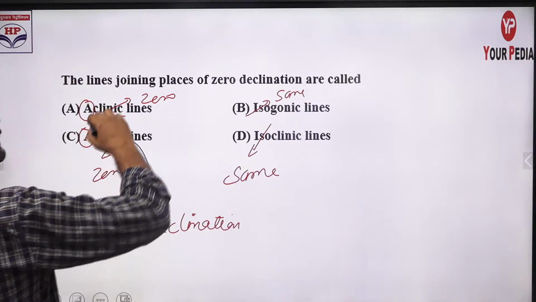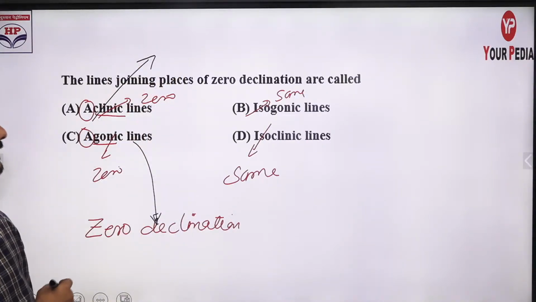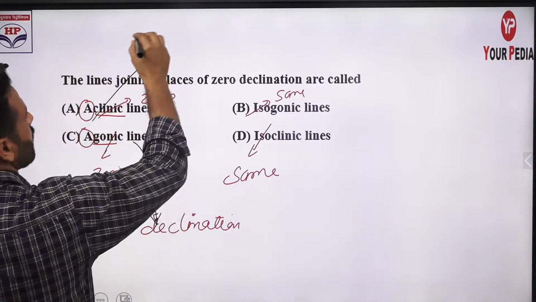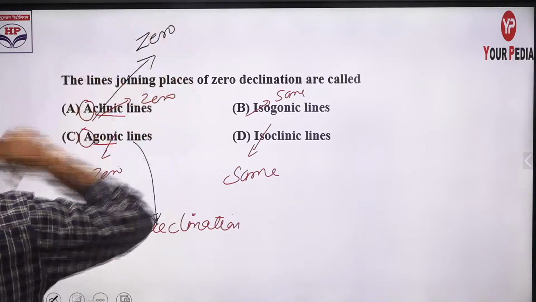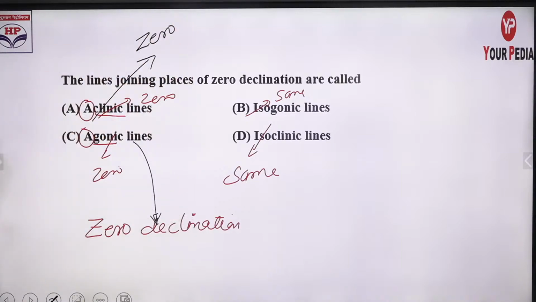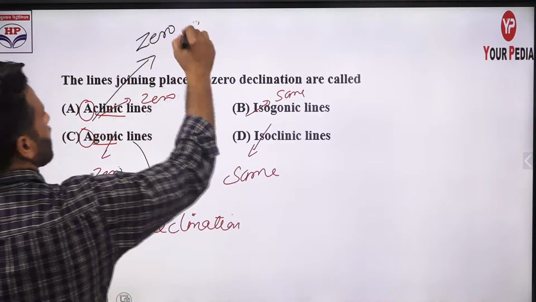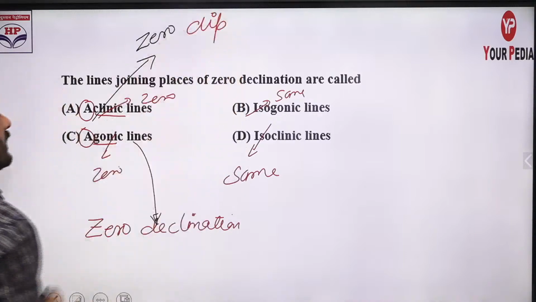So whenever the line joins the points of zero dip, let me change the color, this is your aclinic line.